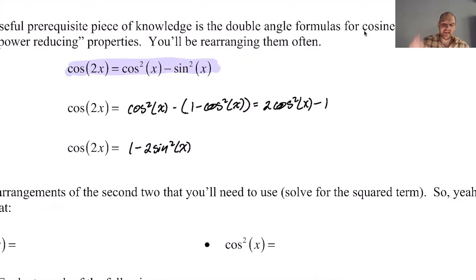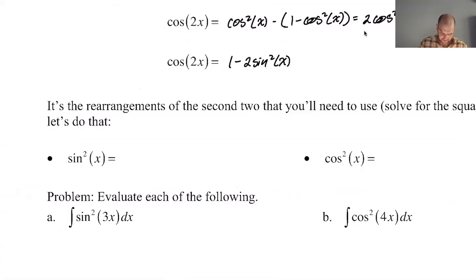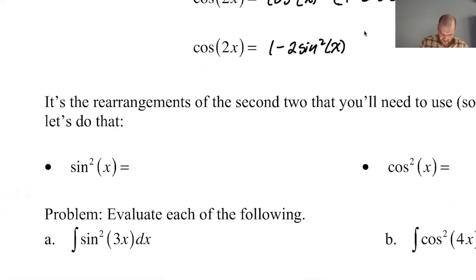All right. So now how are these helpful? In and of themselves, maybe they're not that helpful. But if you solve them, we're going to solve this for cosine squared. We're going to solve this for sine squared. So I'm pretty confident you can do that. So I'm just going to write them down. The way you write them, you can do whatever you want. I think you should write 1 minus cosine of 2x over 2.